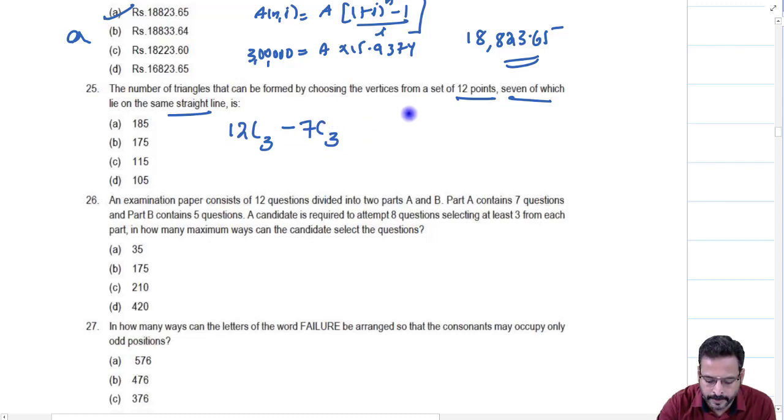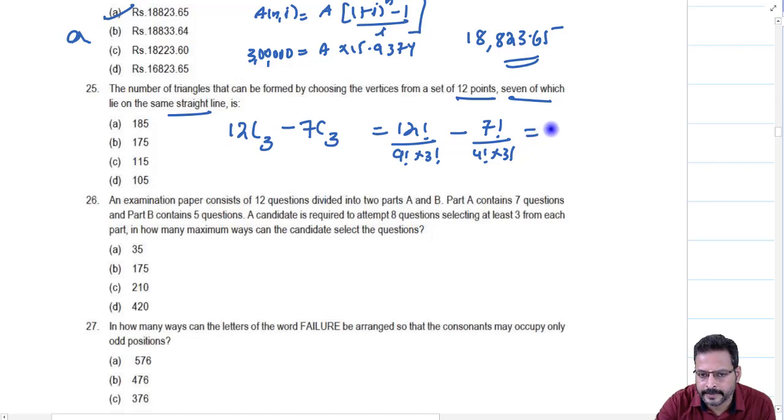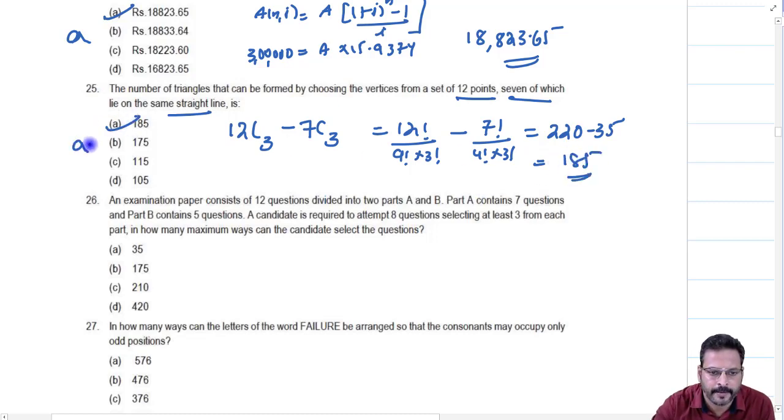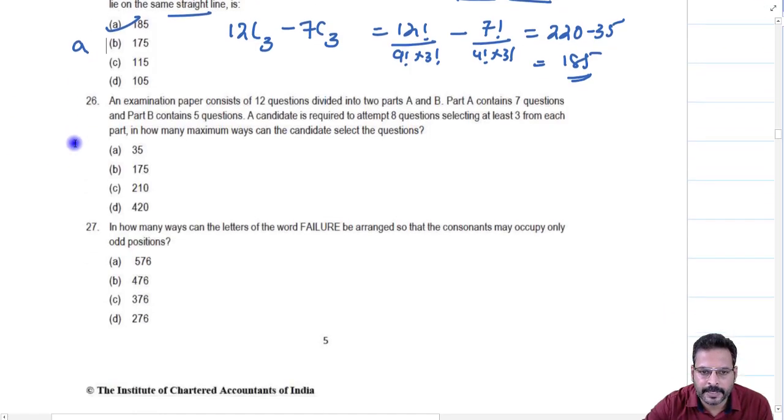So you will get 12 factorial divided by 9 factorial into 3 factorial, minus 7 factorial divided by 4 factorial into 3 factorial. We will get 220 minus 35, which is 185. So the answer, choice A.